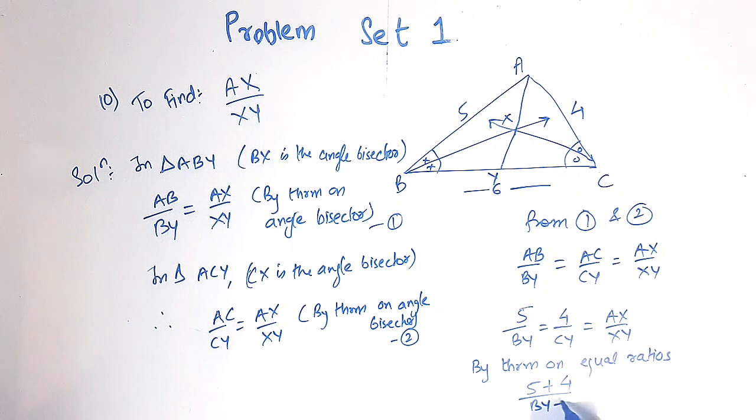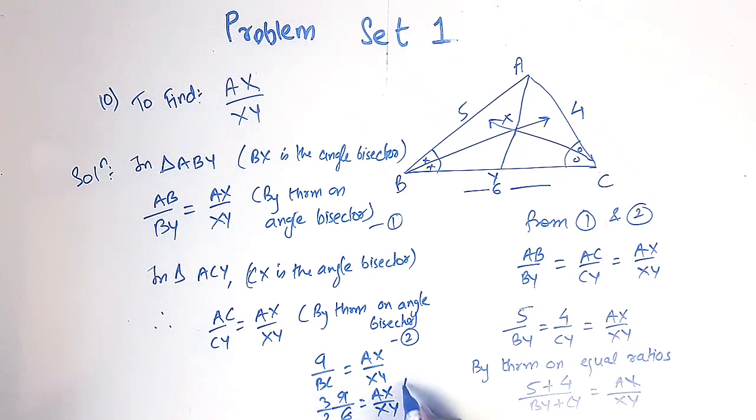This will become BY plus CY, that is BC, equals AX upon XY. So 9 upon 6 is equal to AX upon XY. This will be cancelled, 3 twos are 6, 3 threes are 9, so AX upon XY equals 3 upon 2.